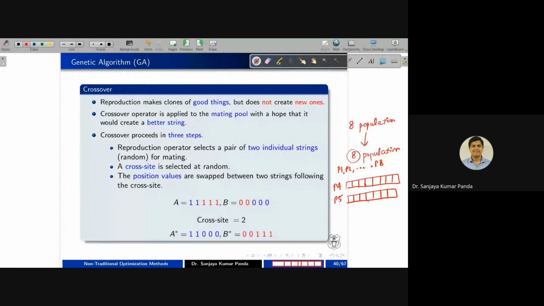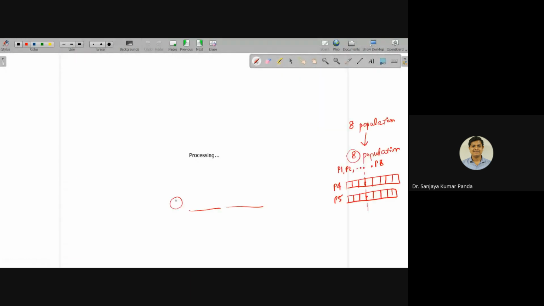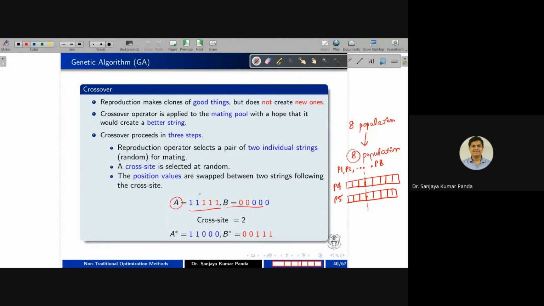Then we have decided to make a crossover here, right? So if you see here, A is represented as a 5-bit binary, B is represented as a 5-bit binary. So these two population are selected randomly, and we choose a cross-site point here.